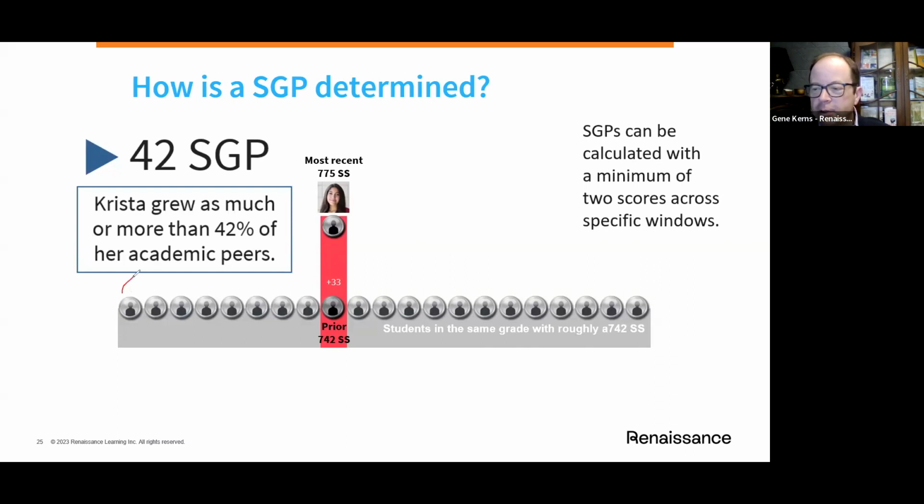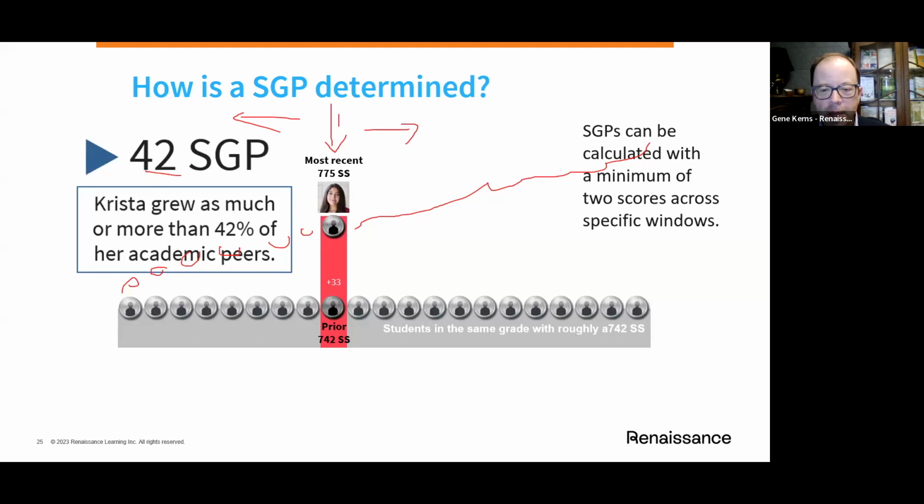We could have this student who grew to here, this student who grew to here, other kids who grew a little bit less, and some other kids that grew a little bit more. When we're saying that Krista is at a 42 SGP, what we're saying is there are some kids, about 38%, who grew less than she did. And there's other kids, about 58%, who grew more than she did. She grew more than a lot of them, but not as much as some of them.